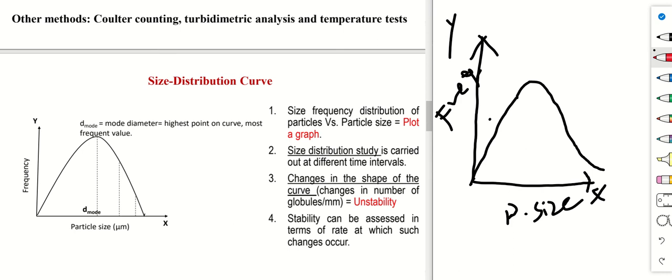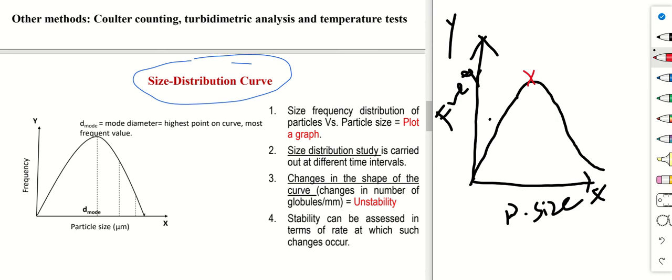Now this plot is known as the size distribution curve because we are considering the particle size and its distribution, the number of particles distributed having a specified size. Hence, it is known as size distribution curve. Now, from this curve, we'll be able to see how many particles are being distributed and how many particles are sharing the same particle size. The peak point of this graph represents the average particle size of the globule.